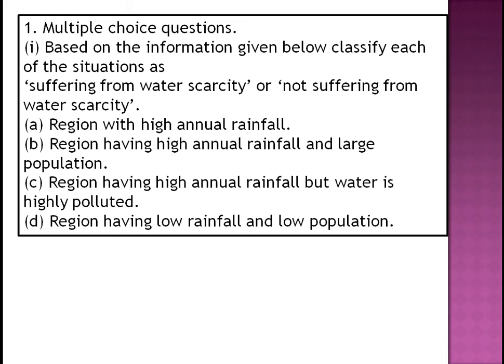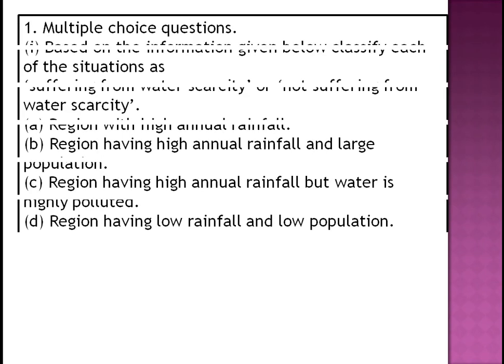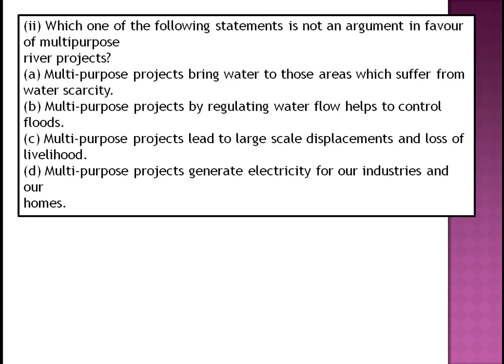Moving towards the second match. Which one of the following statements is not an argument in favor of multi-purpose river projects? So here A, B, C and D. Please read these points and after that your answer is going to be ready.